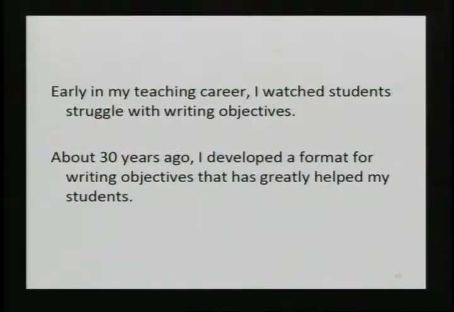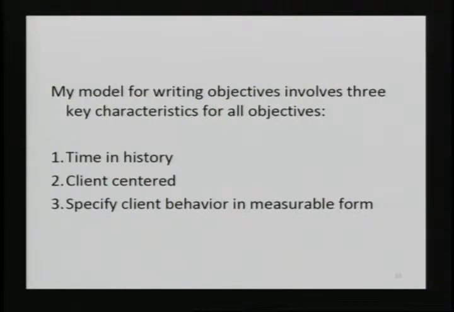Early in my teaching career, I watched students struggle when they tried to write objectives. And it was probably about 30 years ago that I developed a format for writing objectives that has greatly helped my students. My model for writing objectives involves 3 key characteristics for all objectives. The first is time in history. The second is client-centered.